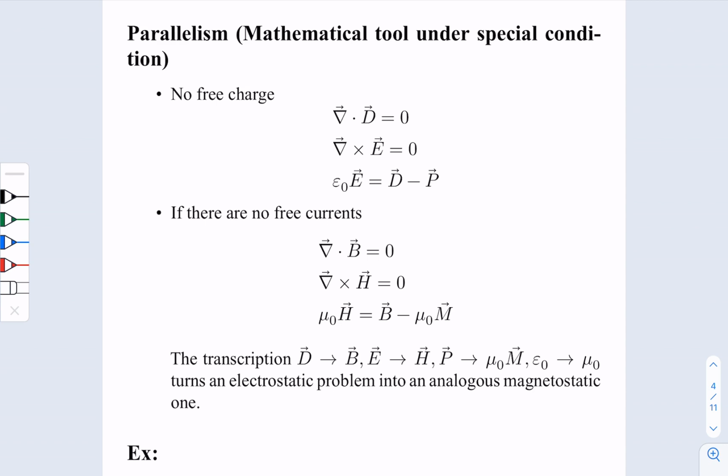Not everything that we discuss here can be mapped from an electrostatic to a magnetostatic problem. The very important condition is that if in the problem there are no free charge and no free current, then the two can be mapped to each other.